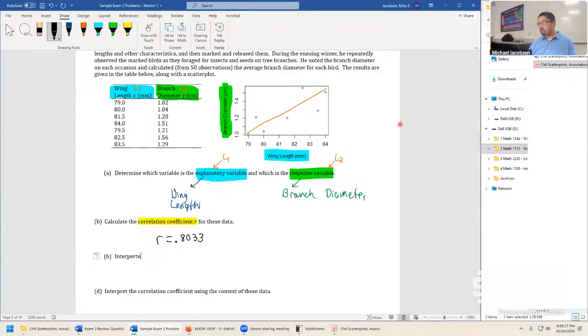Interpret the scatter plot, mentioning the form, direction, and strength using the context. So this is a question that you should expect on the real exam.